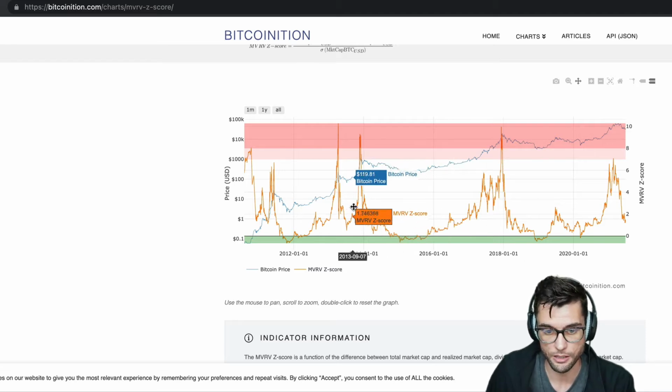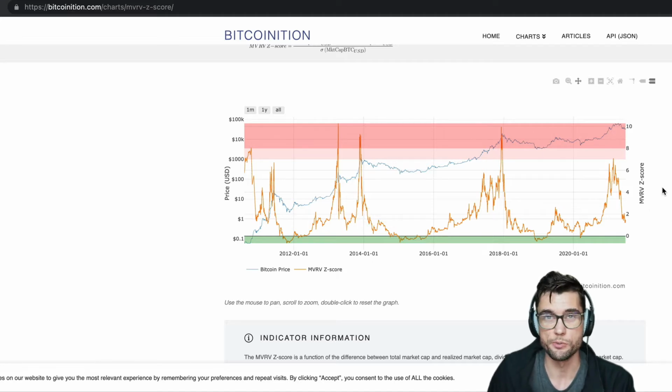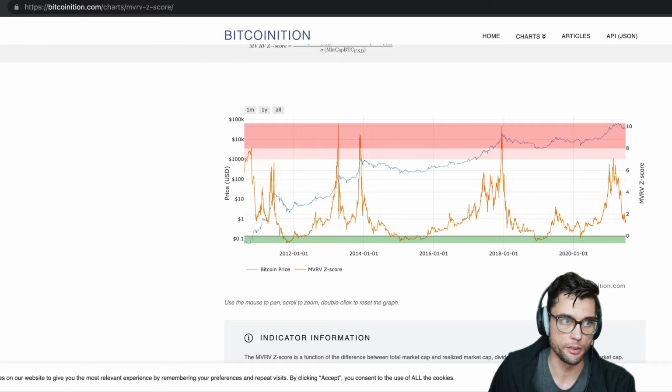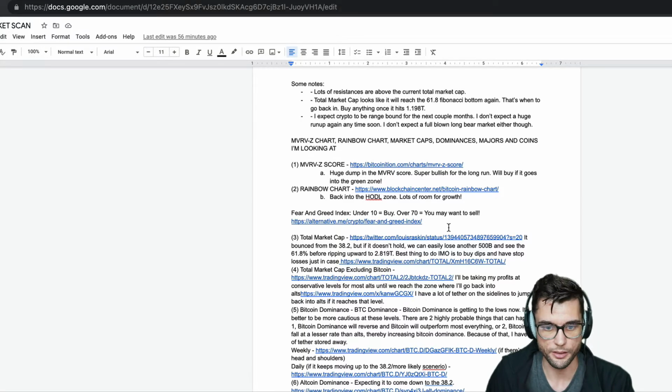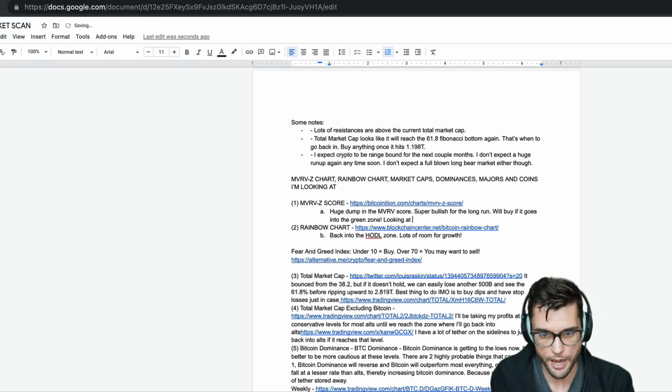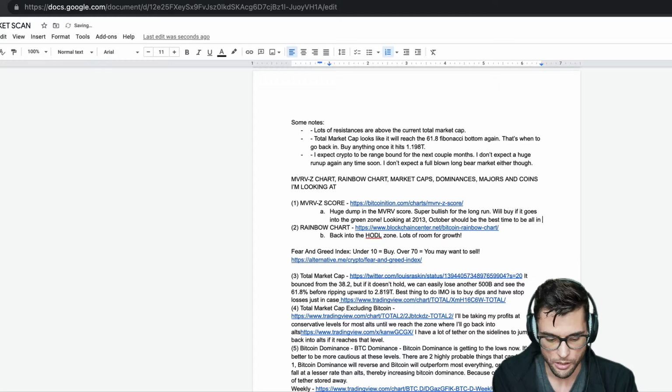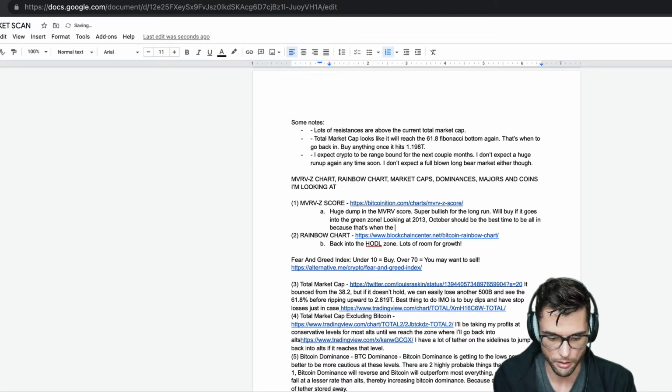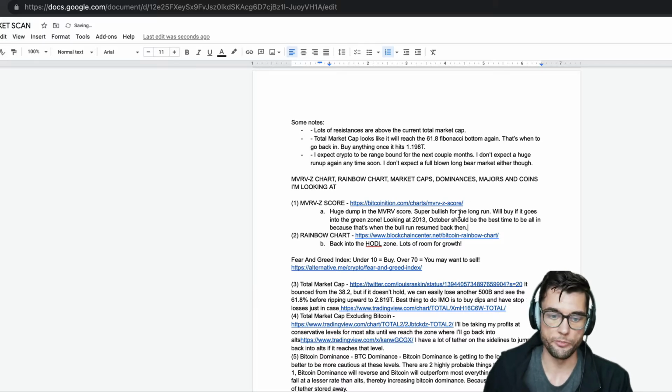In fact, it shouldn't even be November, it should be October-ish when we start the big rally. So let me just write this down. According to 2013, October should be the best time to be all in, because that's when the bull run resumed back then.